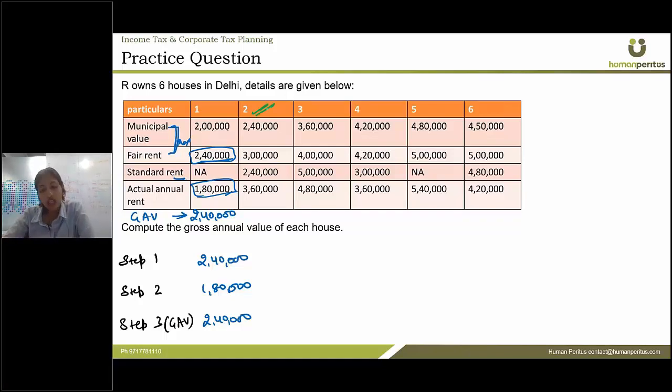Sabiha, first we check the maximum of these. So maximum is 3 lakh. Then we compare it with the standard rent, because in this question standard rent is given. When we compare it with standard rent, we take the minimum. So of 3 lakh and 2 lakh 40, the minimum is 2 lakh 40. So step 1, our expected rent in the second case will be 2 lakh 40,000.